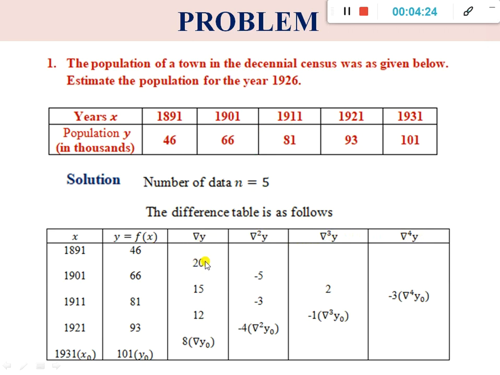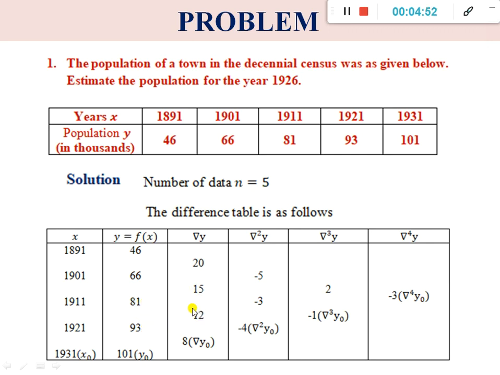For finding this delta value, look at the y values. You have to subtract the first from the second. 66 minus 46 is 20. In the middle of these two data we enter this 20 and come to the next. 81 minus 66 is 15. In the middle of these two I put this 15, and 93 minus 81 is 12.